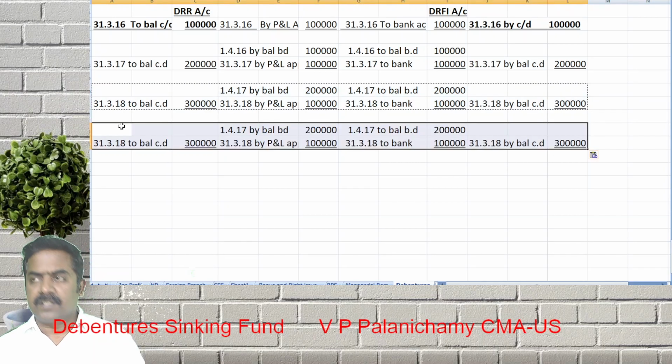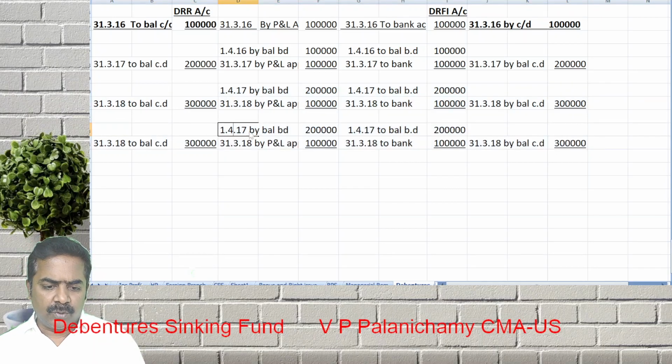When do we redeem the debentures? In the fifth year. So in the fourth year the opening balance is 3 lakhs plus we make appropriation of 1 lakh. Closing balance on 31st March 2019 will be 4 lakhs, right? Opening balance 3 lakhs plus the 1 lakh invested, so closing balance will be 4 lakhs.